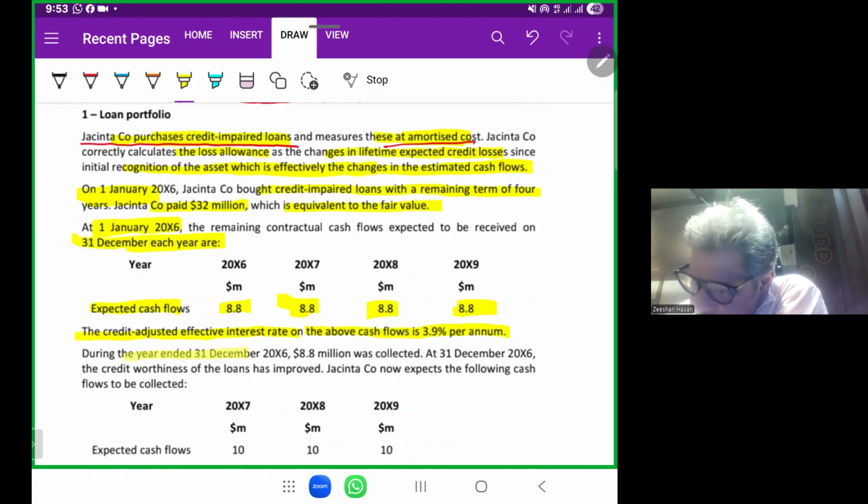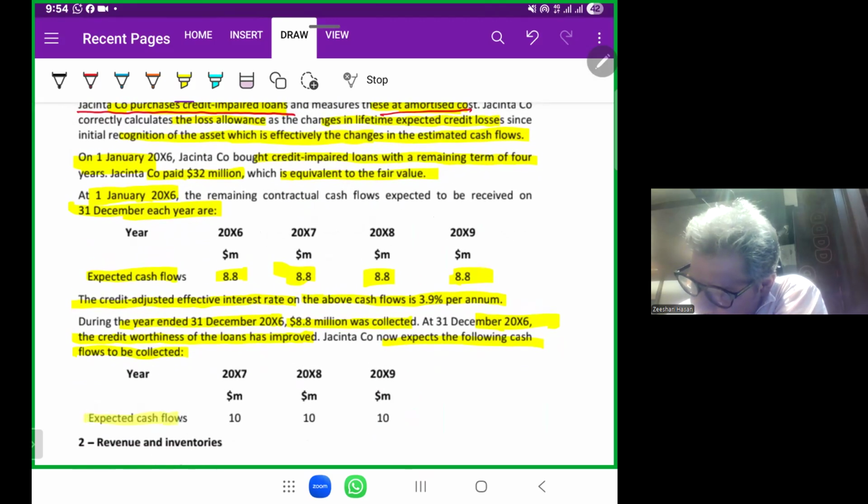During the year ended 31st December 20X6, 8.8 million was collected at 31st December 2006. The creditworthiness of the loans has improved. Jacinta Co. now expects the following cash flows to be collected: 10 million, 10 million, and 10 million.